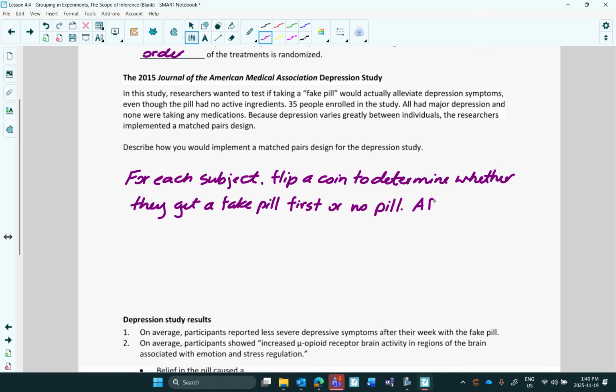After a while, after days, switch to the other treatment.